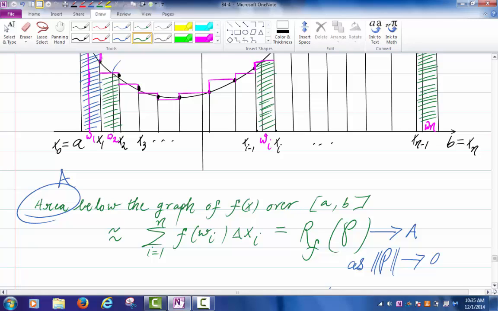Well, you define it to be the limit of the Riemann sum as the mesh goes to 0. Am I making sense? So the area below the curve above the interval from a to b is defined to be the limit of the Riemann sum as the mesh of the partition goes to 0. Is that making sense?